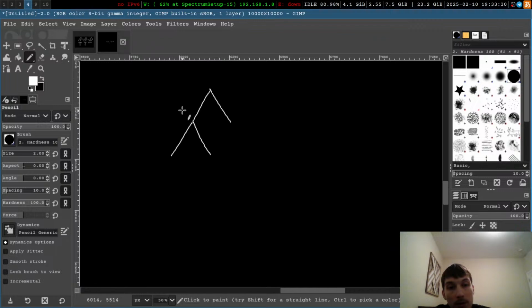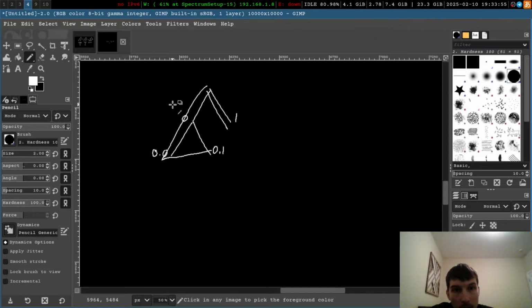So this is 0 and this is 1, and then this is 0.0, and then this is 0.1. Because the idea is you're just going from left to right.